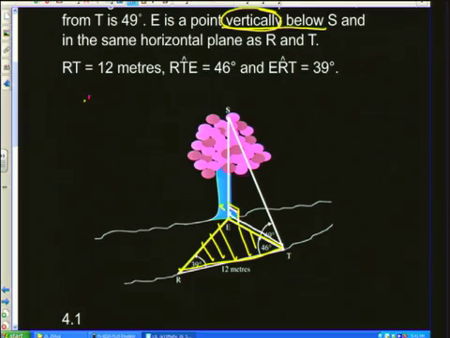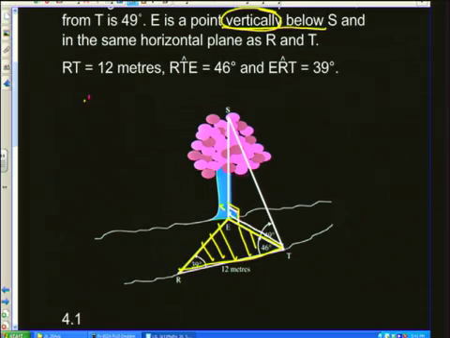If I can find ET, then I have a length and an angle in a right angle triangle, and then I can find ES. So we need to take a step back and find ET. ET is opposite 39, and the 12 is opposite E.